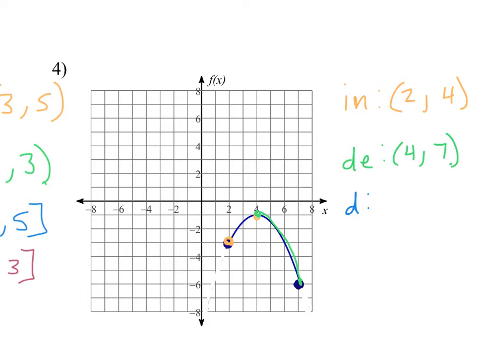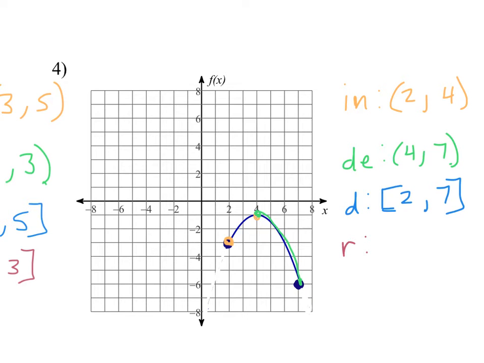Our domain, we start from the left. Our graph doesn't start until we reach 2, and since we have a closed circle, we put a bracket. And then our graph ends when x is 7. So our domain is 2 to 7.